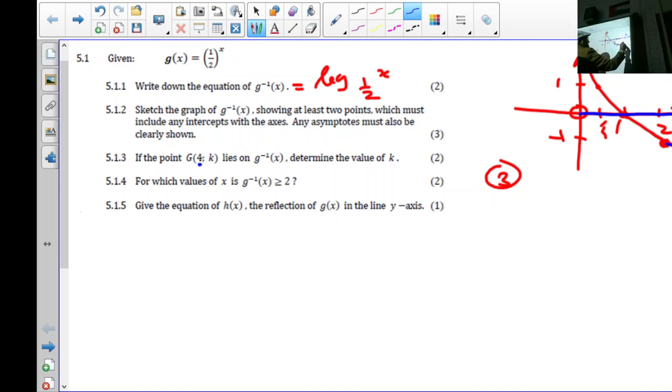If I extend that, 4 would lie here somewhere. So that is 4 and some K value. Okay? How do we calculate the value of K? Since the 4 and K lies on the inverse function, I will substitute that into the inverse function.